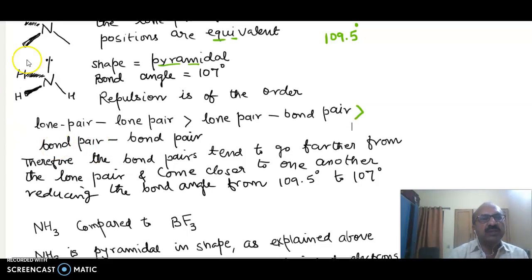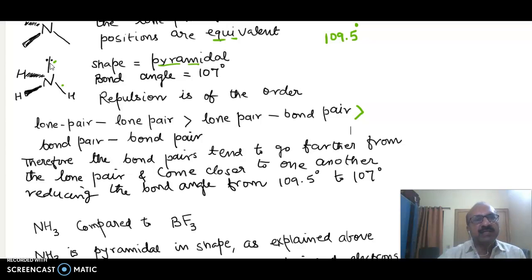Now there is a repulsion between the lone pair and the bond pair. The bond pair-bond pair repulsion is less, and the reason is that the lone pair occupies greater volume because there is no positive charge which can balance this negative charge, whereas here the electron pair is attracted to the nucleus of the hydrogen, therefore it occupies less volume.